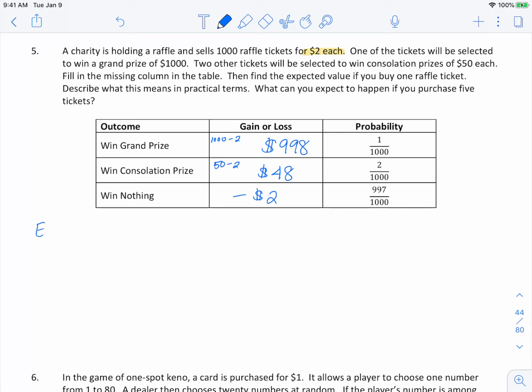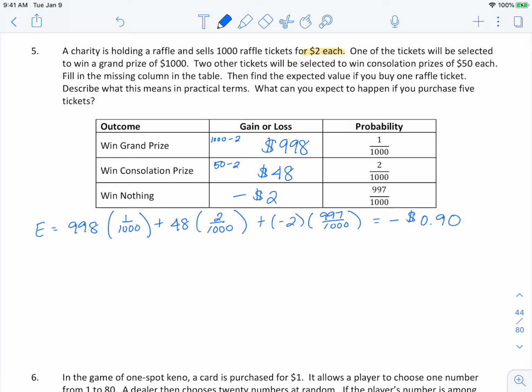Okay, our expected value, we have 998 times 1 over 1,000 plus 48 times 2 over 1,000 plus negative 2 times 997 over 1,000, which gives us an expected value of negative 0.90.